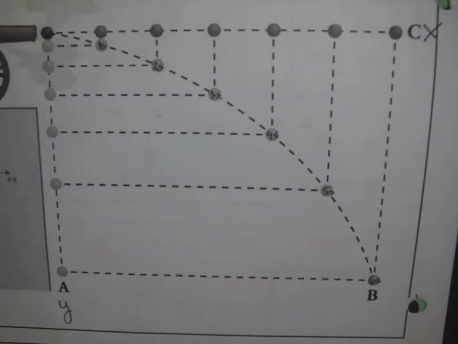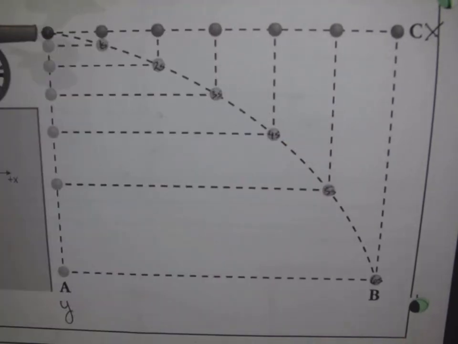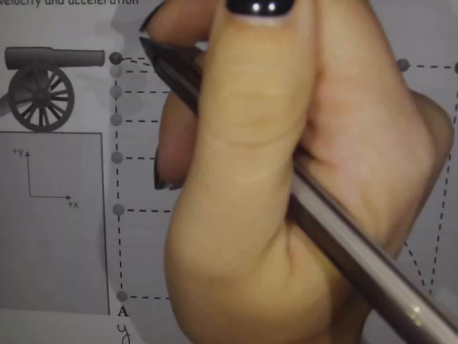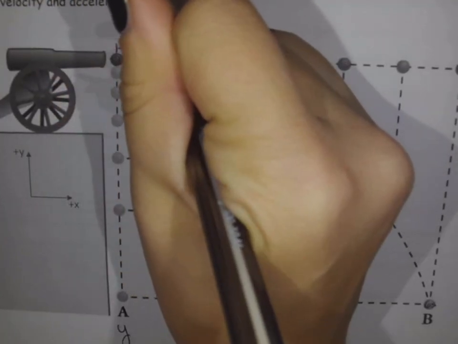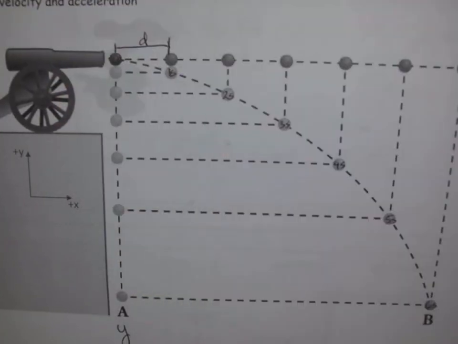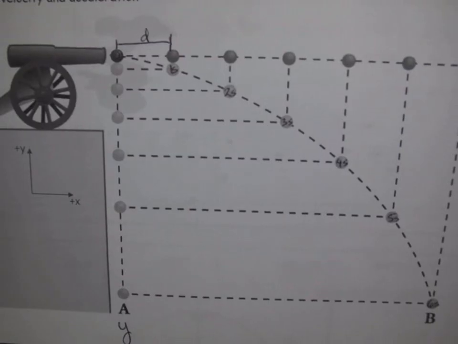Really interesting. Notice the distance traveled in the x direction. Let's just say hypothetically, we're just going to call it lowercase d for distance, whatever distance that might be. Maybe it's 1 meter.